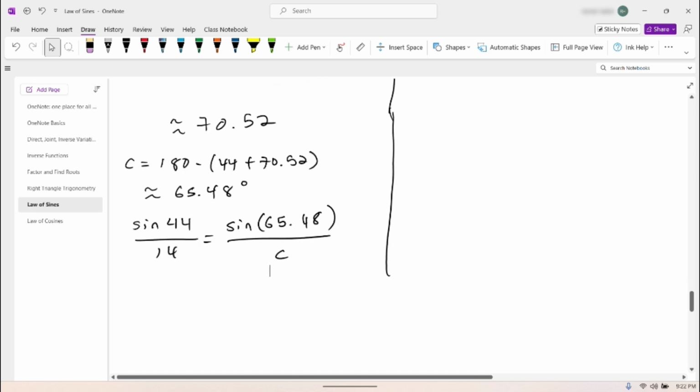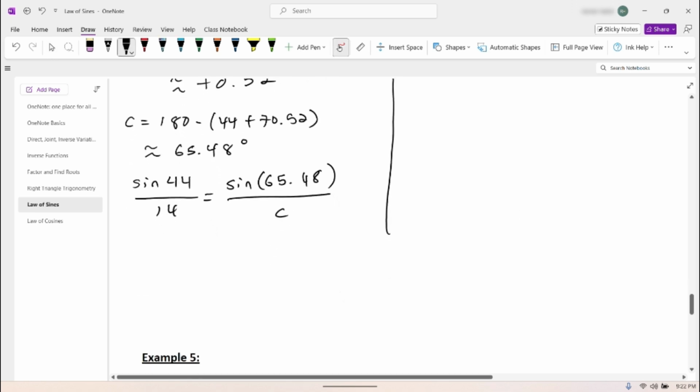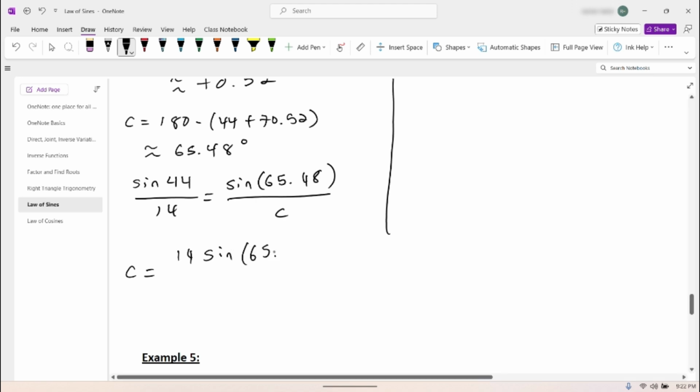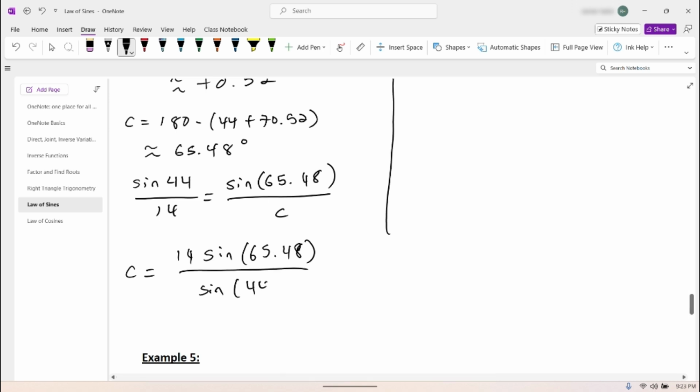So then C, doing multiple steps at once, cross multiplying and so on. C equals 14 sine of 65.48 all over sine of 44.